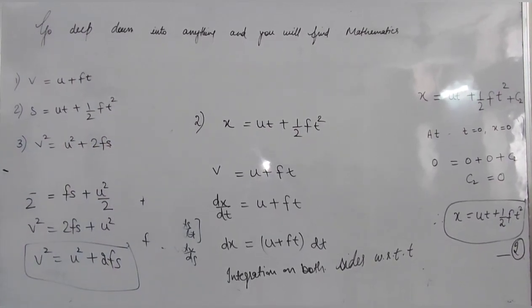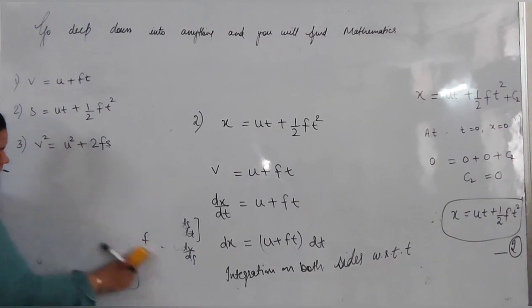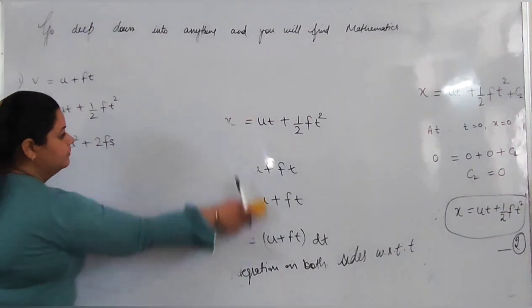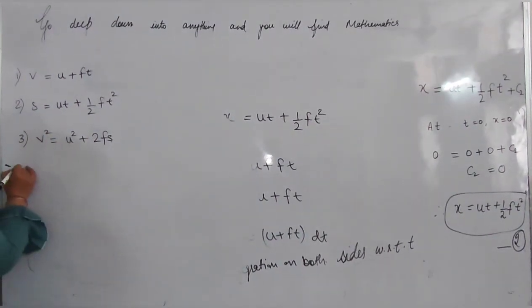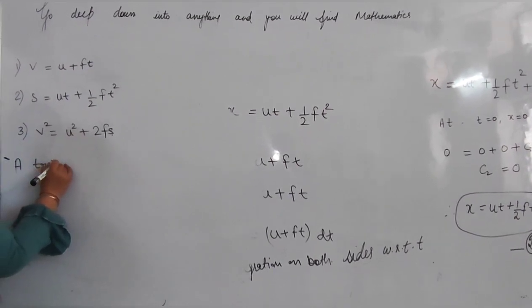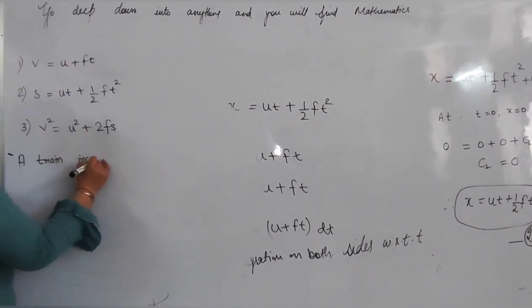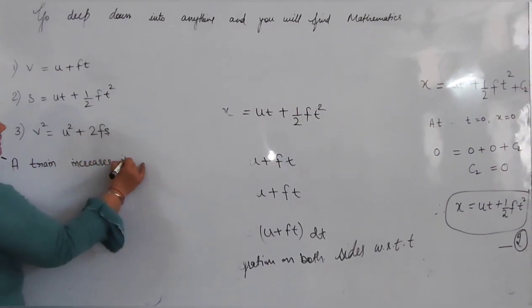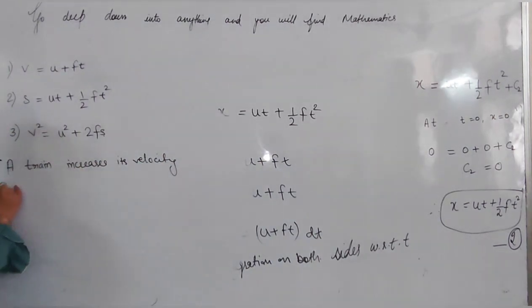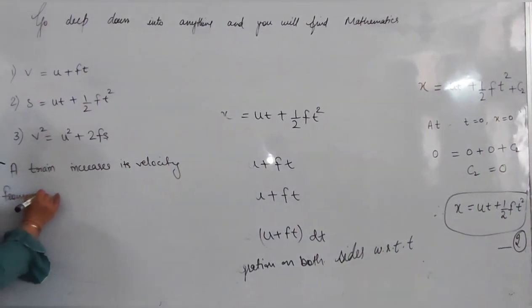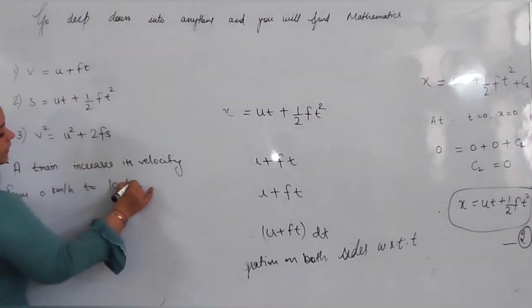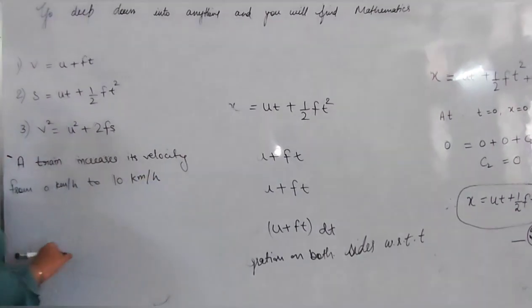Now we will do a problem. For example, we are given a problem in which a train increases its velocity from 0 km/h to 10 km/h.